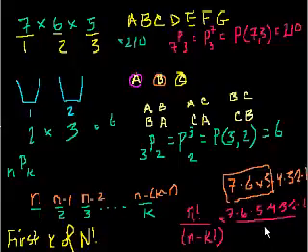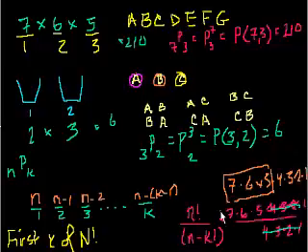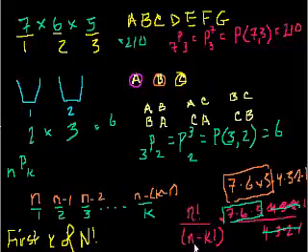So 4 factorial is 4 times 3 times 2 times 1. And of course, this will cancel with this. And so you're just left with the first 3 of 7 factorial, or the 3 largest components of 7 factorial.